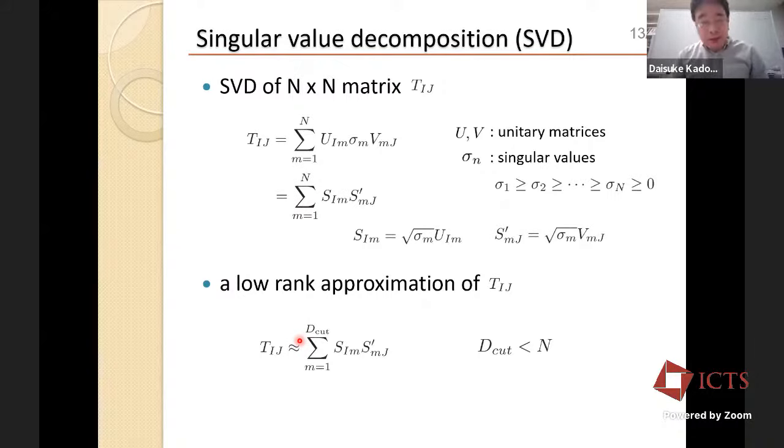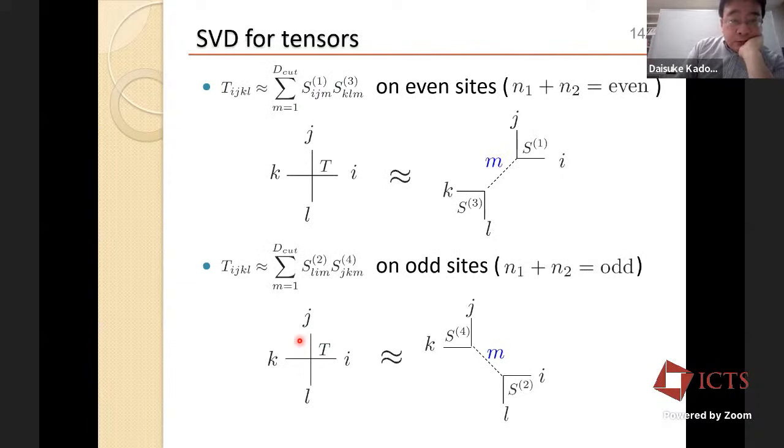Okay. So once the SVD is given, the rank 4 tensor can be approximately decomposed into two rank 3 tensors, S1 and S3.